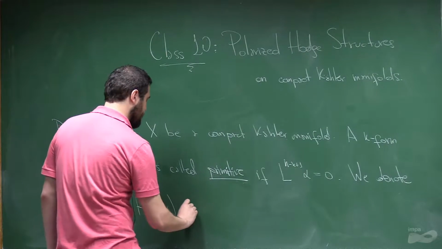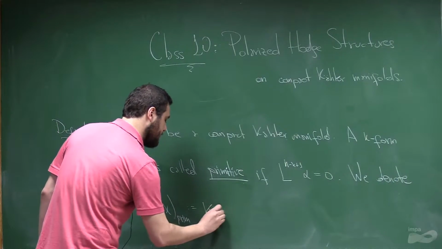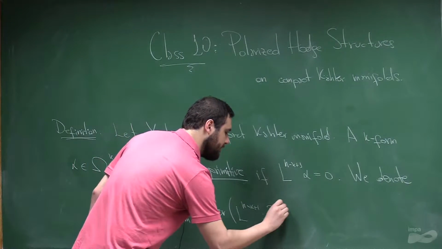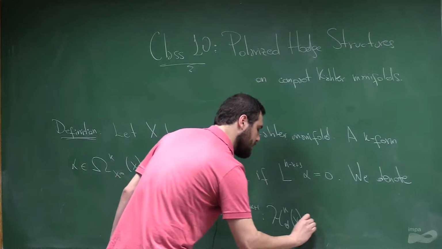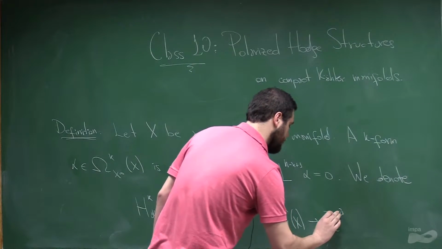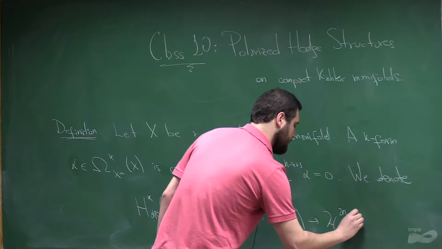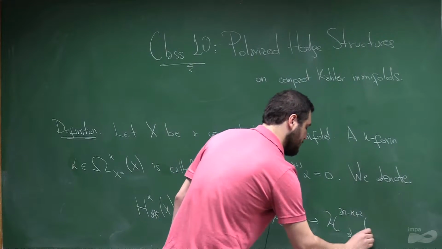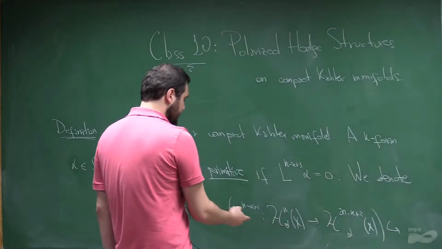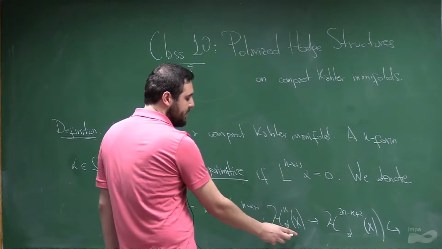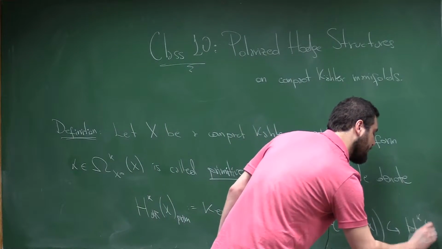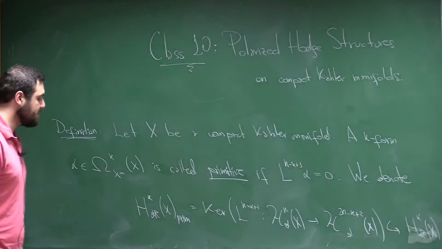Prim is, by definition, the kernel of the Lefschetz operator from the harmonic forms to harmonic forms of degree 2n minus k plus 2, looking at it via the isomorphism of the harmonic forms with de Rham cohomology. Okay, is this subspace.